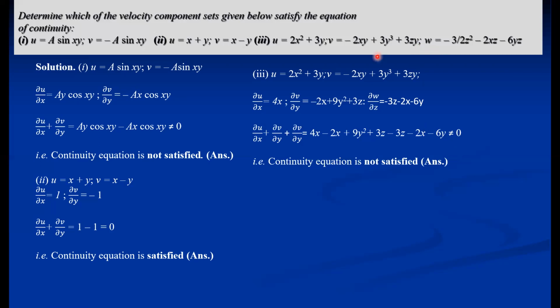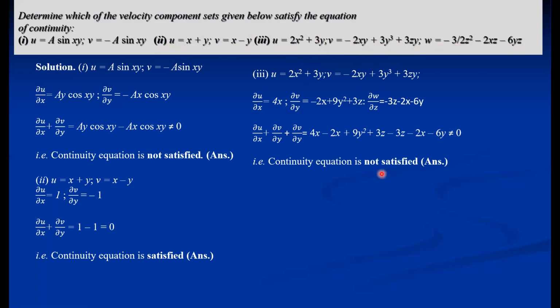Suppose we have to write it in vector form: v bar equals (x plus y) i hat plus (x minus y) j hat, that is, this component i hat plus this component j hat plus this component k hat.